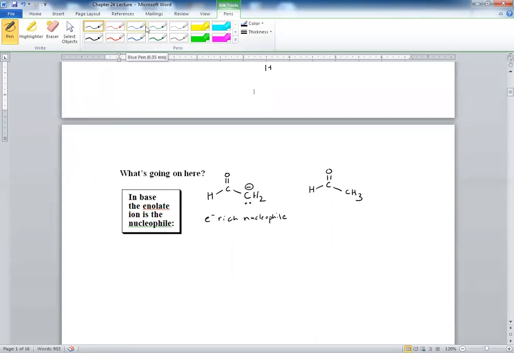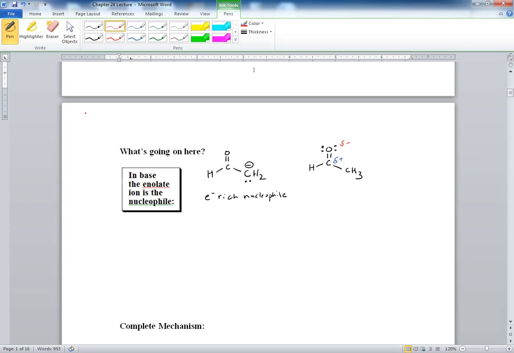And we need to draw the electrophile, the electrophilic carbon. The carbonyl is an electrophilic carbon. Let's put the electrons on here. And of course, this is delta minus on oxygen.